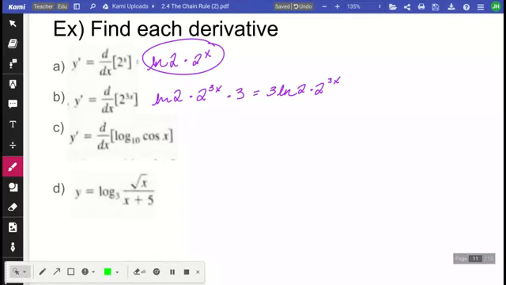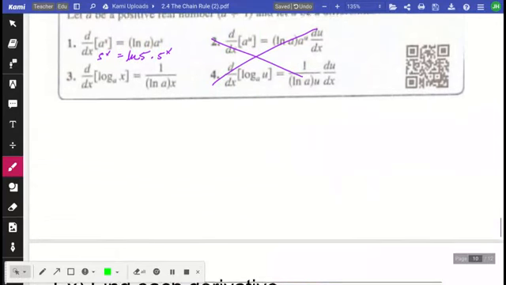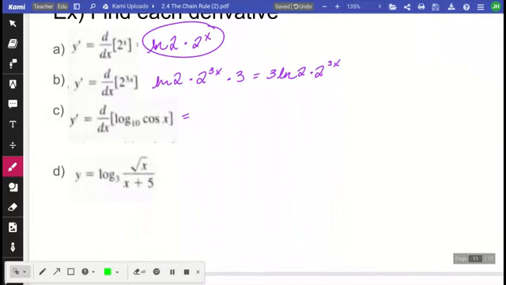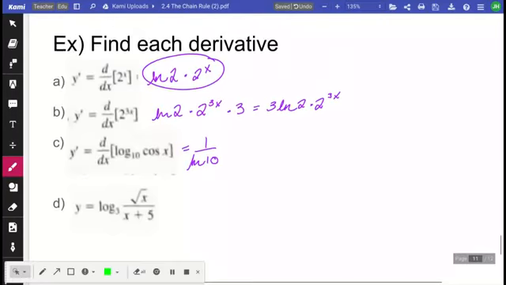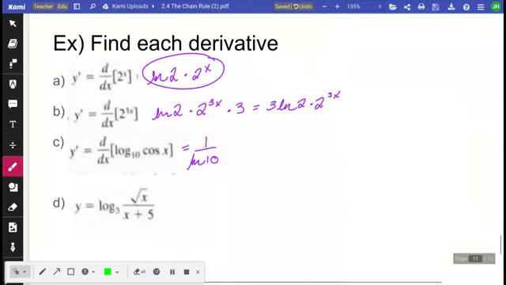Okay, this one, if you look back at your rule for logs, it's 1 over natural log of your base. So when I do this derivative, I'm going to do 1 over natural log of my base times whatever is inside my function, cosine of x.